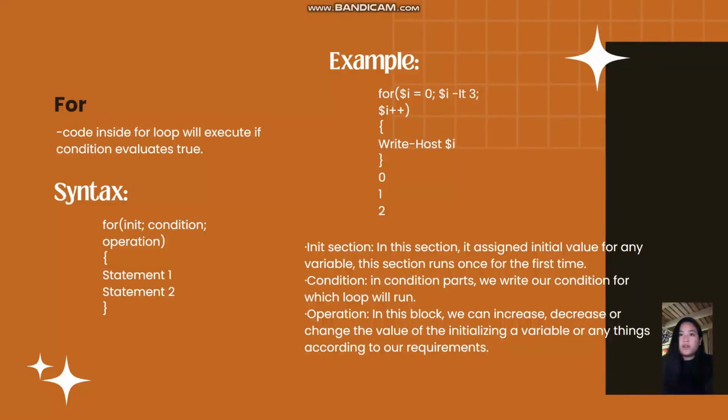In condition part, we write our condition for which loop will run, which means the execution of statement block always depends on the success of condition part. If the condition is true, then statement block will execute, else not. We also have operation. In this block, we can increase, decrease, or change the value of the initializing variable or anything according to our requirements.